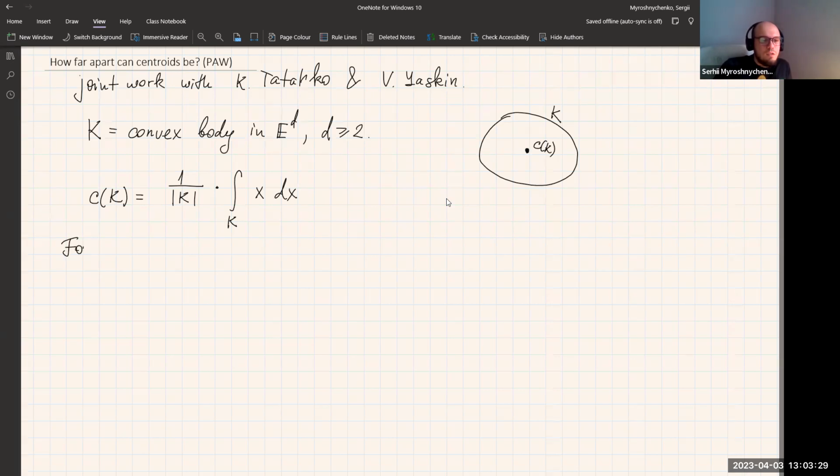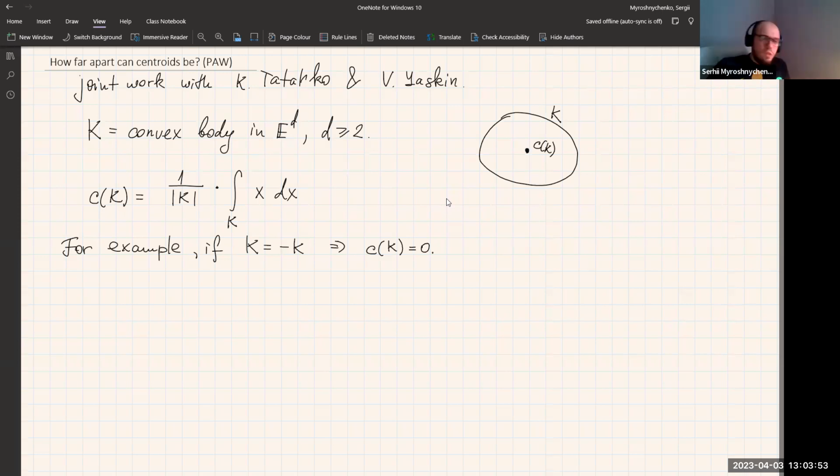And to get it out of the way, if our body is centrally symmetric, meaning that if the point x belongs to K then the point negative x belongs to K, so the center is at the origin, then of course the centroid will be at the origin.